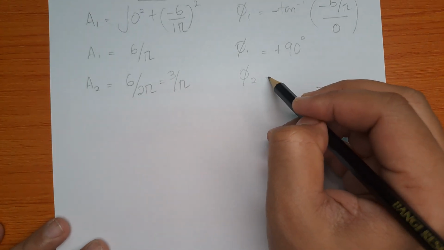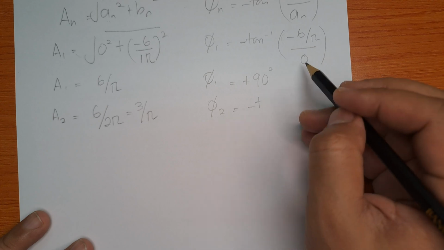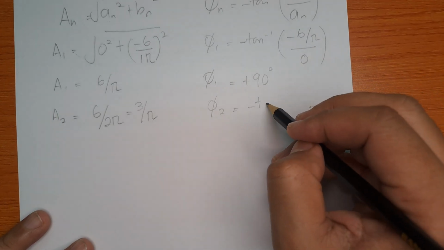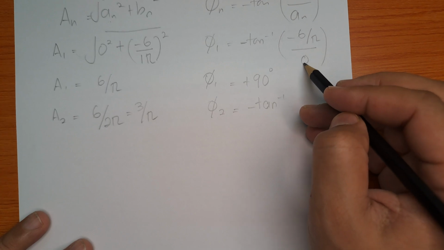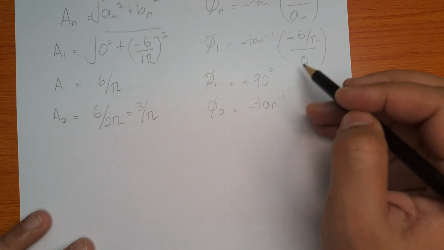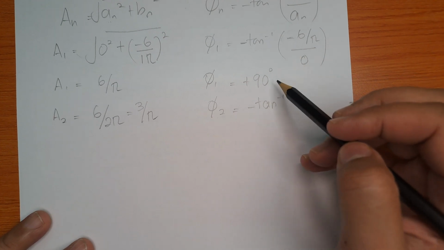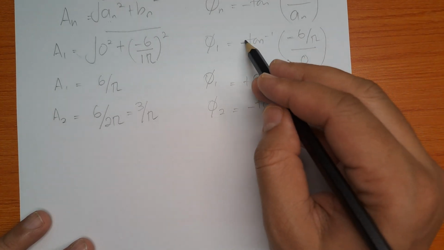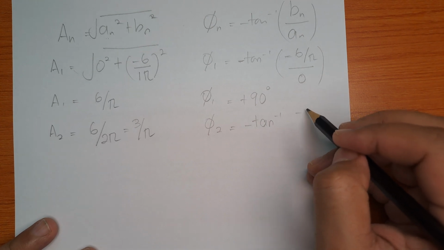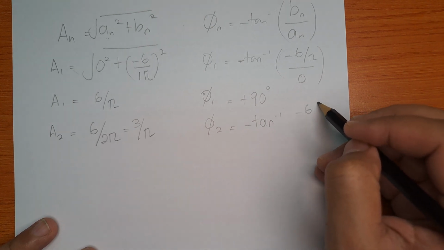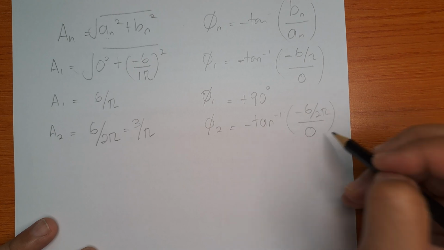And then for the second one, again, if you divide negative value by 0, you get a large negative value, inverse tan gives negative 90, and with this negative you get positive 90, right?